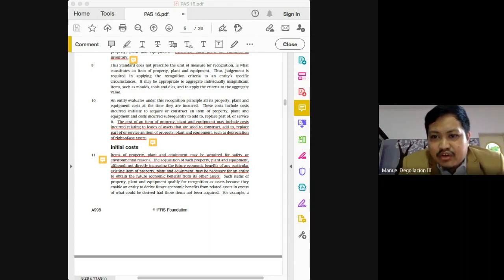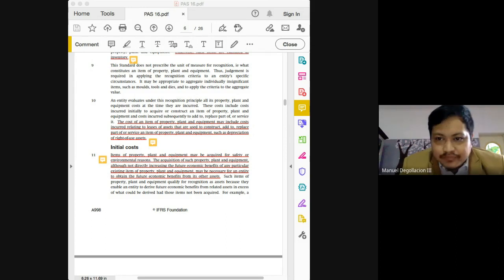When we say initial costs, these are costs incurred upon purchase, upon acquisition, or upon construction of an asset. And it should make sense, because how can it be considered a directly attributable cost to bring the asset to its intended use, location, and condition when it is a cost that is incurred only after the asset has already reached its intended use, location, and condition? I hope that makes sense to you.